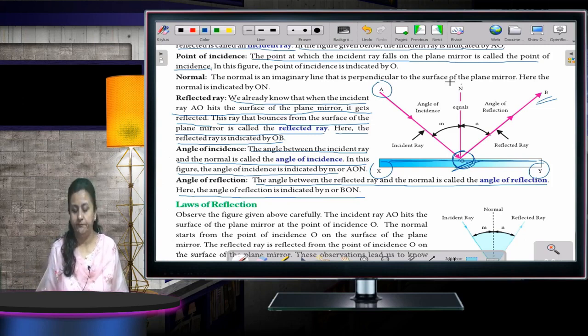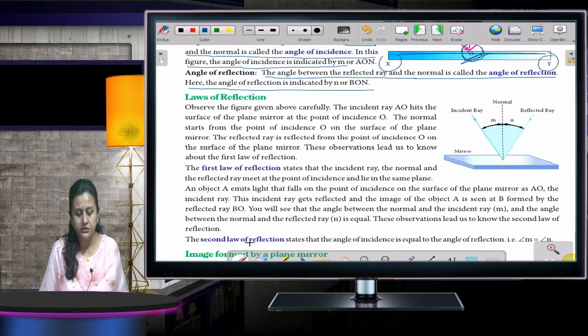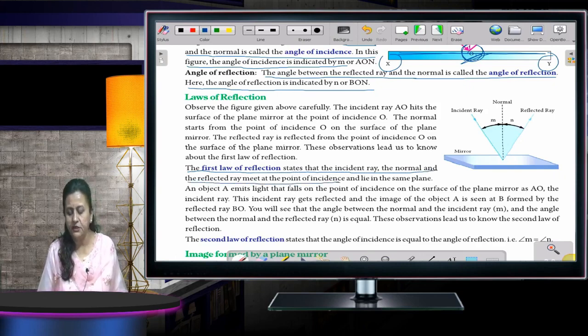Now, laws of reflection. What laws are there? The first law of reflection states that the incident ray, the normal and the reflected ray meet at the point of incidence and lie in the same plane.